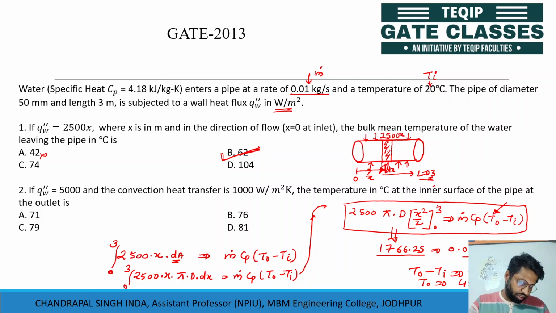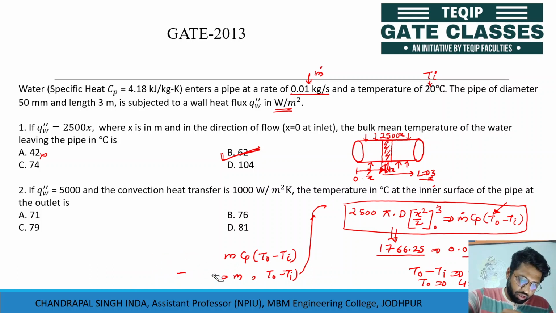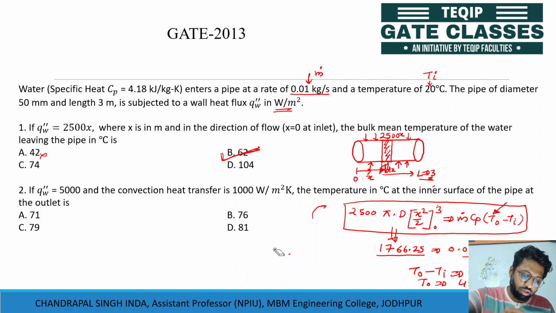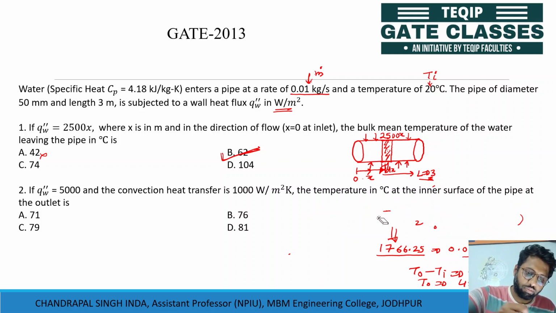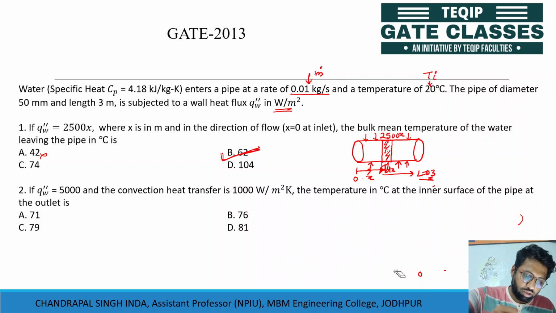In the second question, it is asked that if T wall is equal to 5000 and the convective heat transfer coefficient is 1000 watt per meter square Kelvin, what is the temperature in degree centigrade at the inner surface of the pipe at the outlet. So we have to find the value of the temperature at the surface.